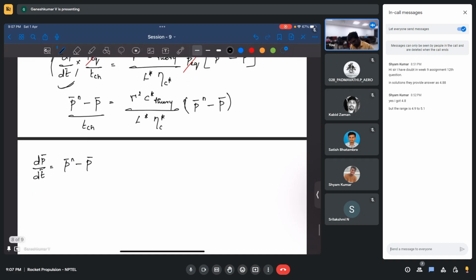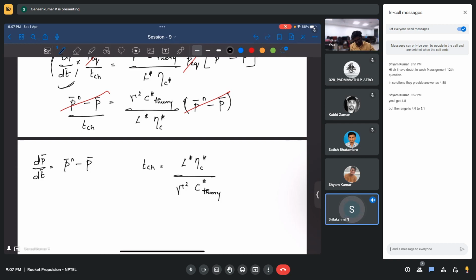So if you do that, it goes away. TCH is nothing but L star eta C star divided by gamma square C star theory. This is what I'm getting.